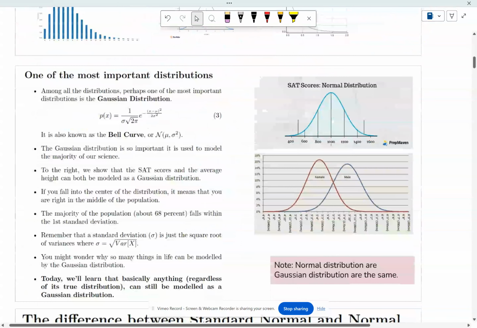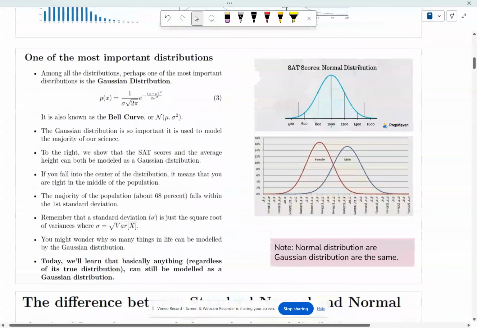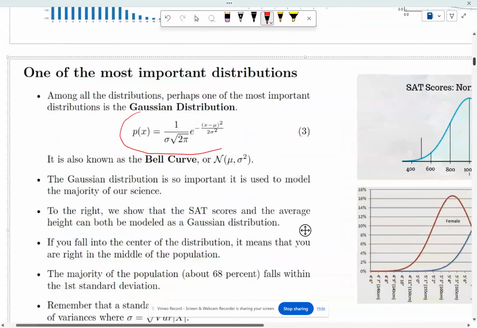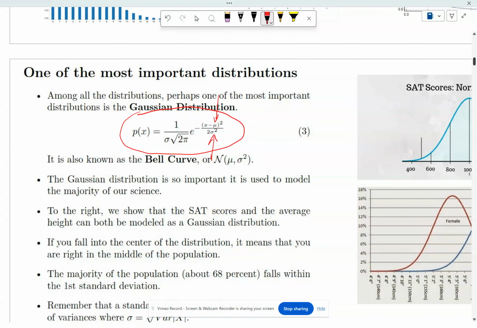Now, one of the most important distributions that we learned is the Gaussian distribution. The Gaussian distribution has an equation that looks like this. From the last class, we learned that as long as we know the mean and the standard deviation, we can plug them in, and now we have the function itself.